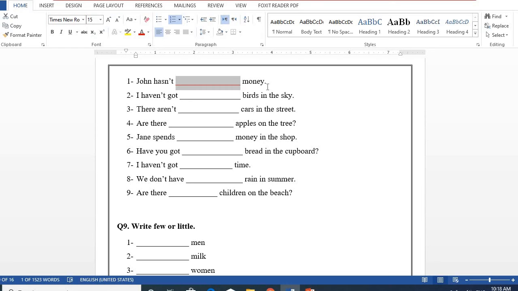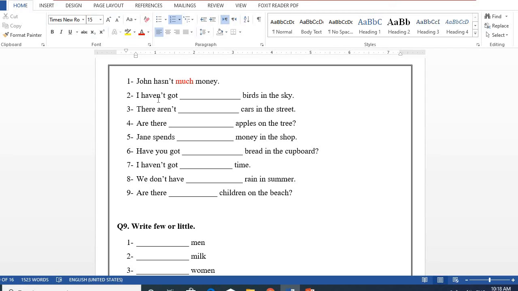Can I say a money? Can I say 4 money? Can I make it plural by saying monies? Absolutely not. So it is uncountable. My sentence is negative because we see not. When my sentence is negative and I have an uncountable noun, I will add much. So, John hasn't much money.